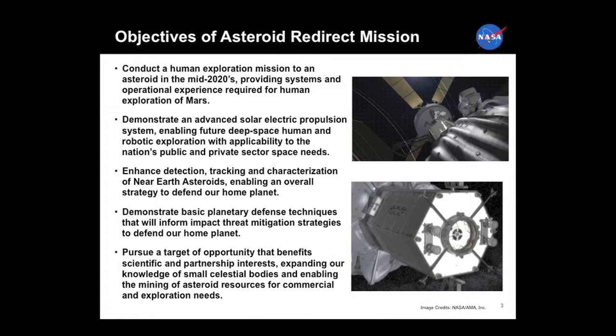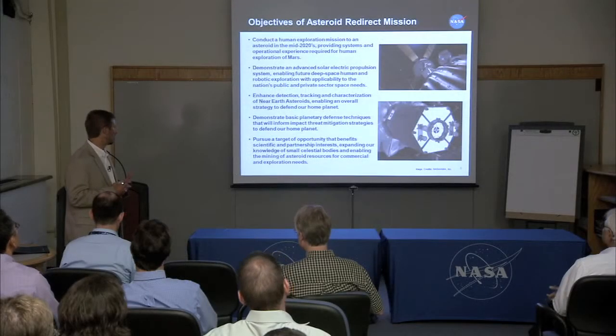Again, enhancement of detection, tracking, and characterization, basically enabling an overall strategy to defend our planet from the impact hazard. And you can see the 4th and 5th bullets, these were actually added to the objectives based on the option B work that was done here at Langley, because for option B we can better determine the type of object that we're going to, and we can also go to something that's of a hazardous size.